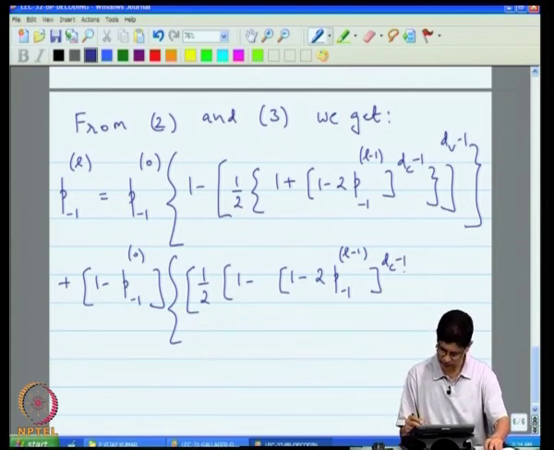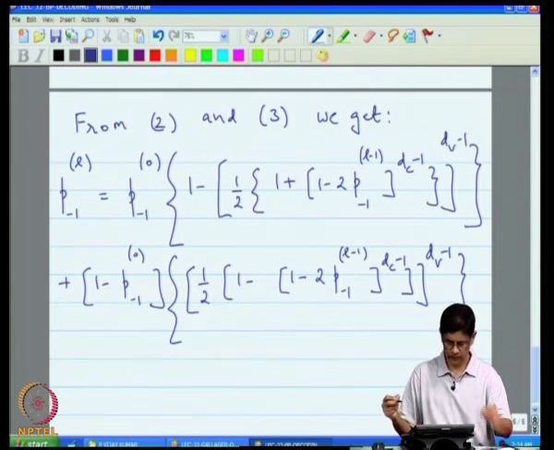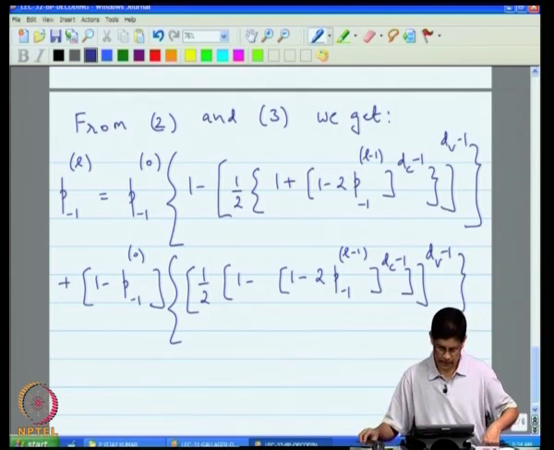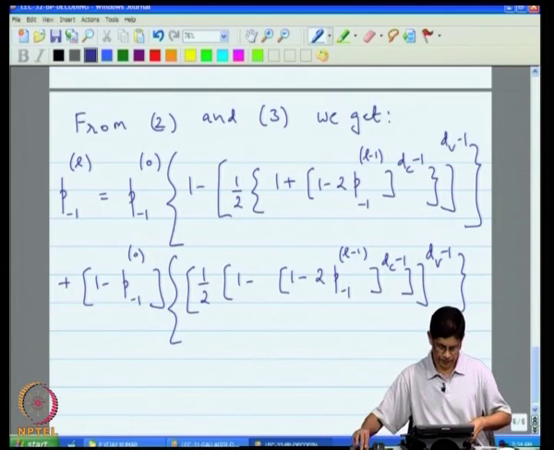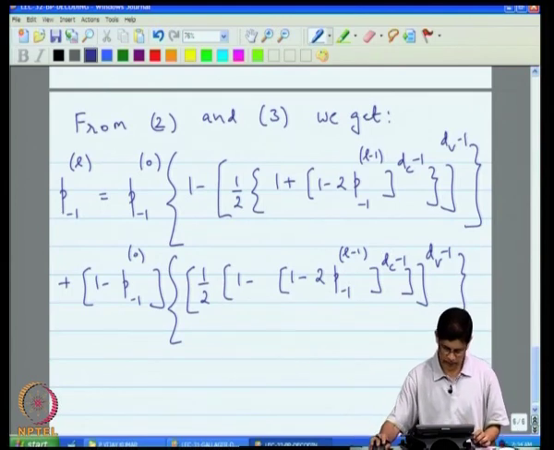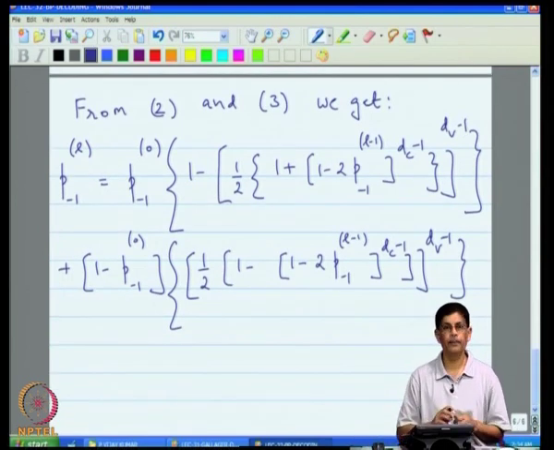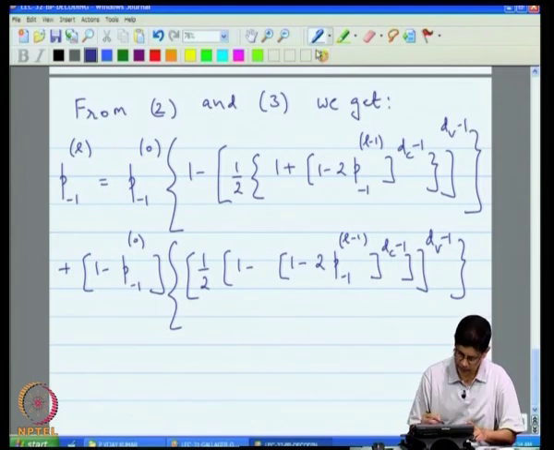Okay. So we close this, raise this to the dV minus 1. So this is what we have, and that's the density. So this is the desired density evolution expression.